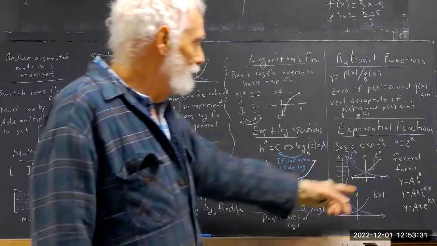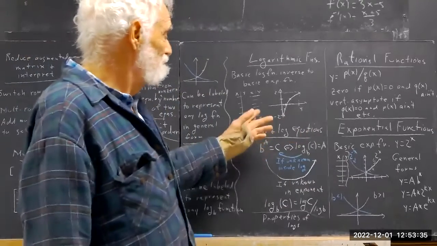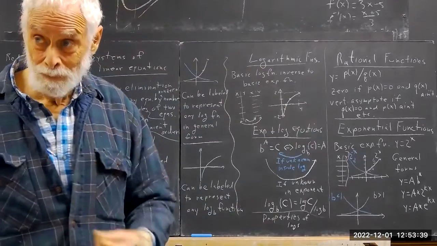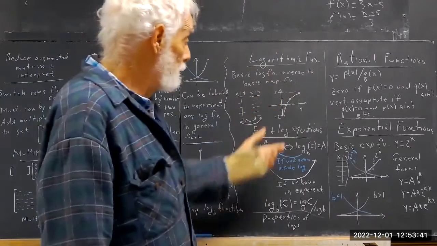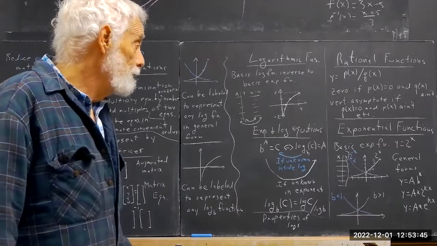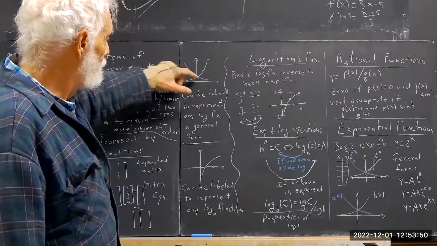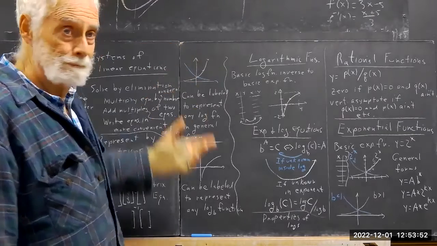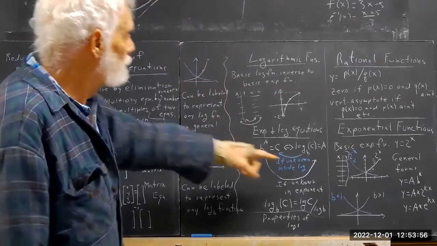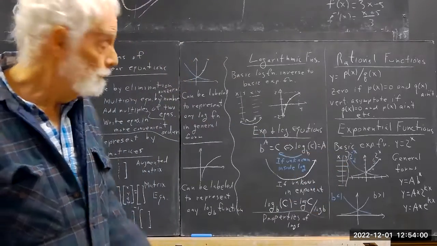Now, the neat thing about these graphs is you can draw them without labeling the coordinates. So the coordinates could be anything. So either of these graphs, these are your two exponential graphs, increasing exponential, decreasing exponential, 2 to the x and 2 to the negative x, right? Okay.